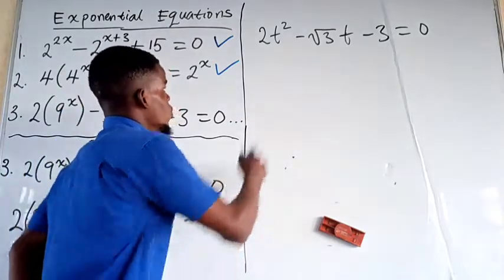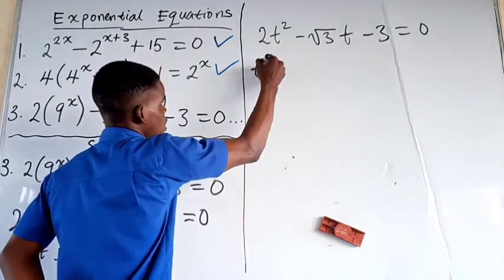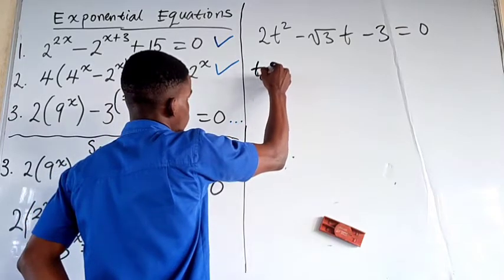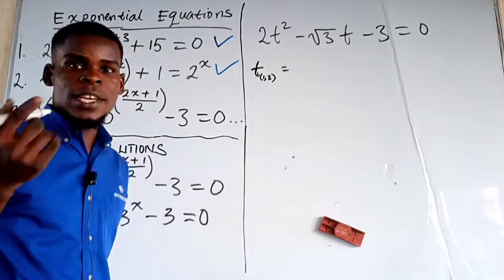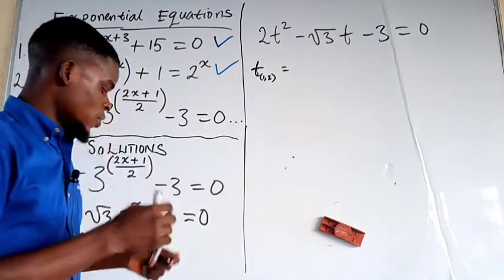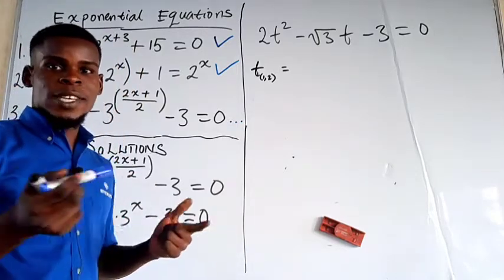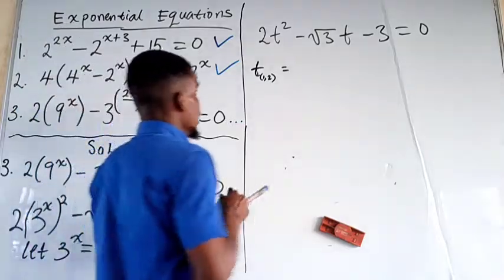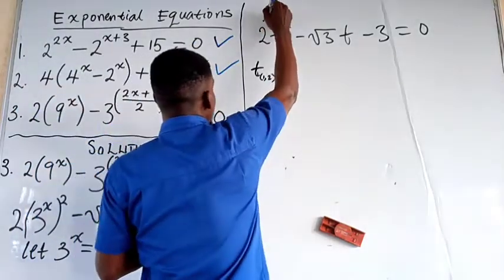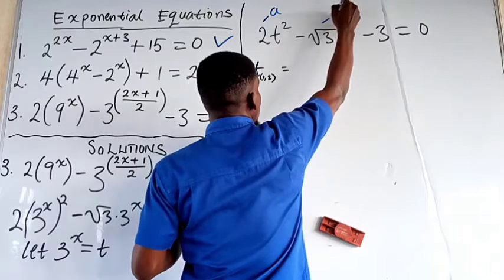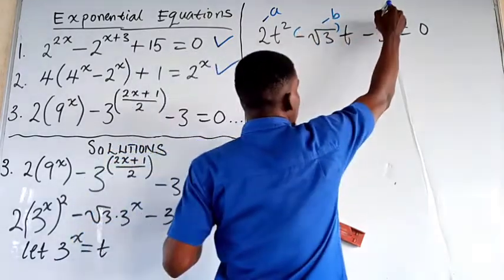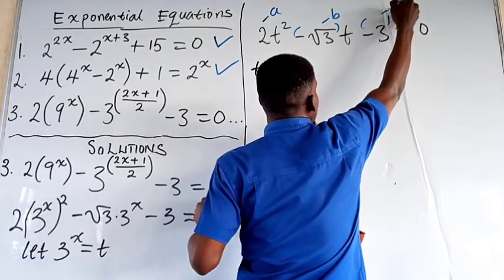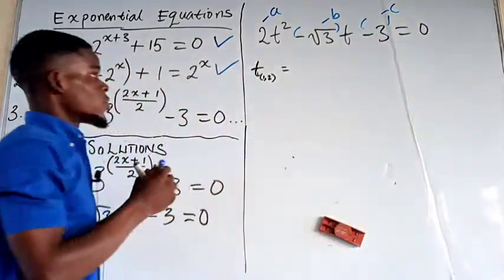So the values of t, let's put it down, will be, by recalling the formula, negative b plus or minus the square root of b squared minus 4ac over 2a. Okay, so this is the a, negative root 3 is b, and negative 3 is c. So you take note of that.